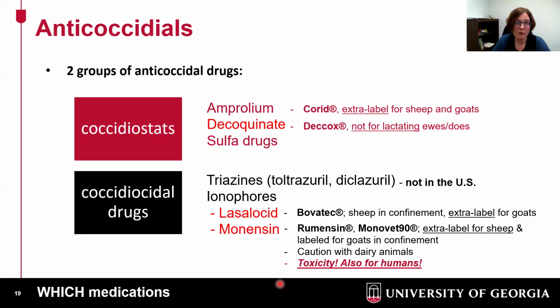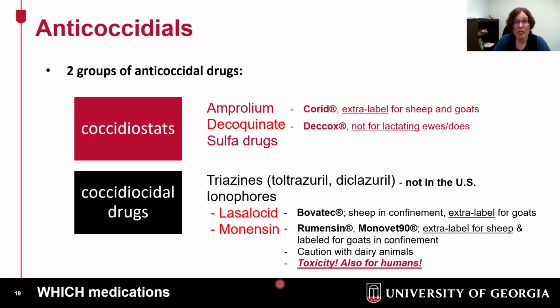For the coccidiocidal drugs, the triazines are beautiful drugs that you only give once. However, they are not licensed in the US, so they're off the table. So we're focusing on ionophores. The two that are used a lot in ruminant production are lasalocid and monensin. Lasalocid is licensed for sheep in confinement, but not for goats.